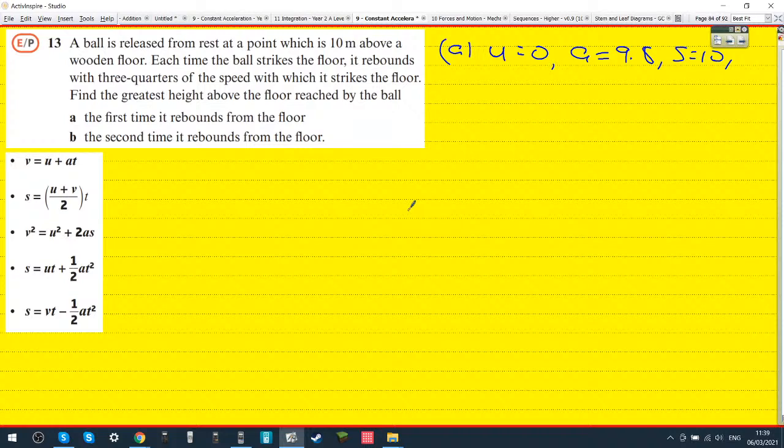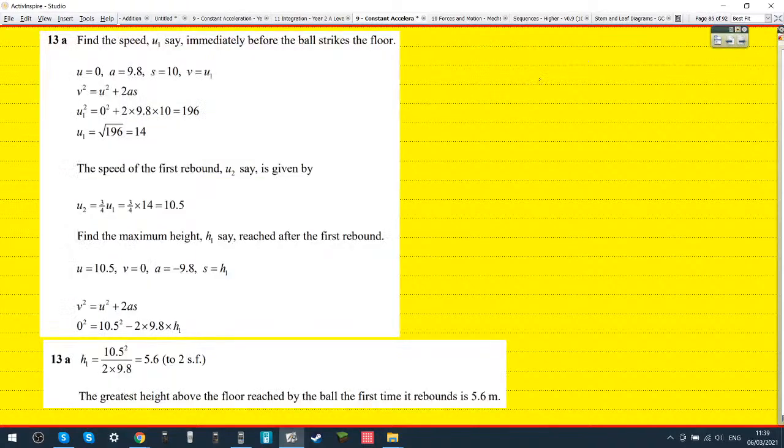And we want the first time it rebounds from the floor. What does that mean? Hopefully it's just T is T, is that right? Hang on, maybe. I need to check that. U is 0, A is that. V.